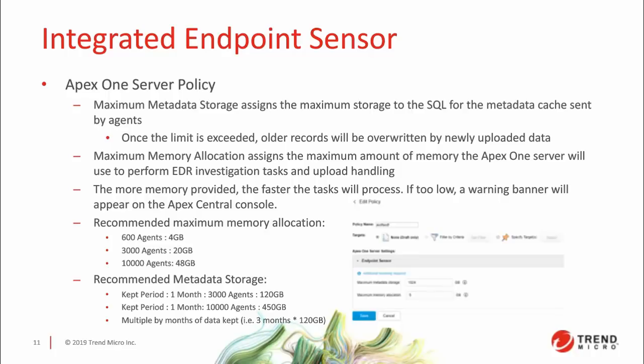If you ever have too little resources available on that memory allocation, then it will give you a banner saying investigations will be slow because you don't have the minimum amount of memory allocation for the investigation. I have some values up here on the recommended, so make sure to take note of those. And again, these resources will be available in the video in totality at the end of the slideshow. So if you ever want that information, it'll be handy for you.